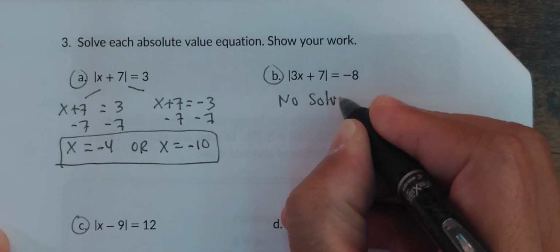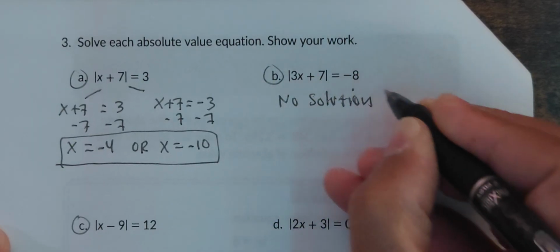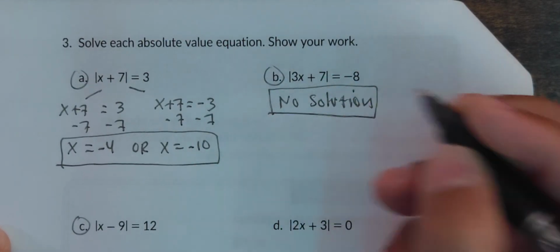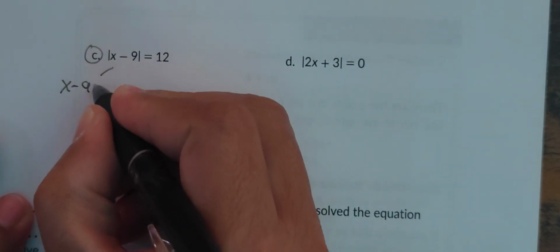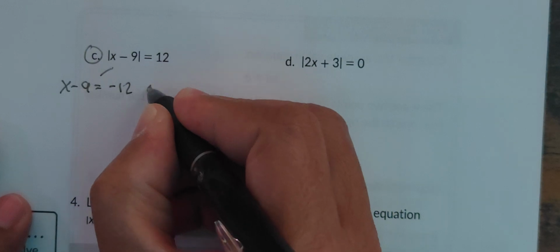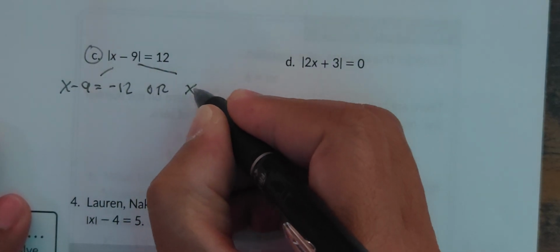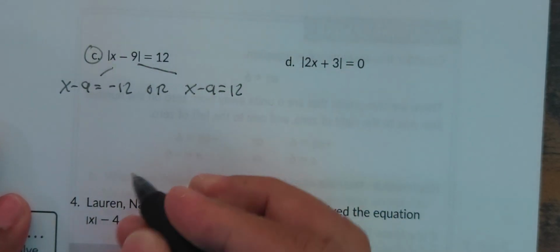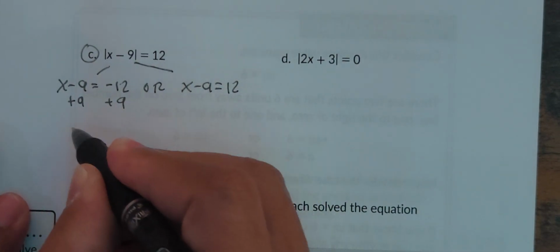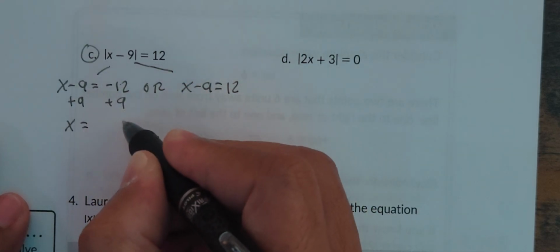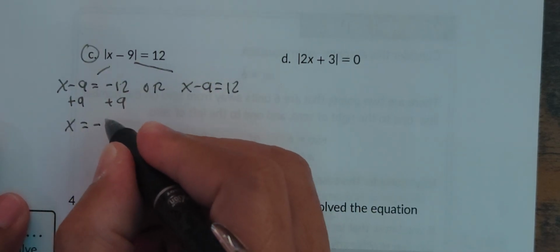And for those of you that are in the classroom, I'm going to show it to you. So for this one, we say x minus 9 equals negative 12. That's one. Or the other is x minus 9 equals positive 12. And then we solve. So I'm going to add 9. So negative 12 plus 9 is equal to negative 3.